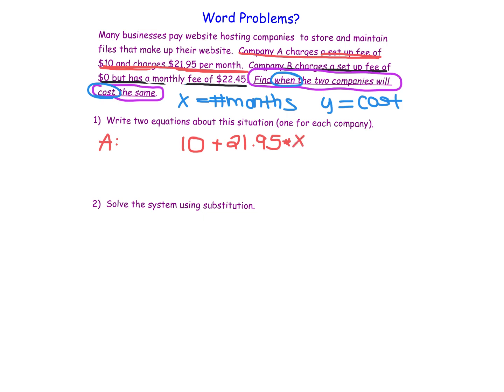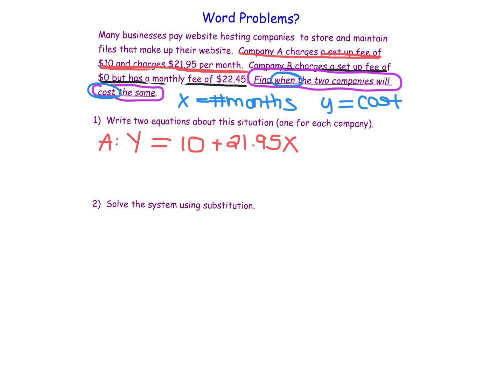So that's going to be 21.95 times X, or you can just write 21.95X. So that's how my cost is calculated. So here I have $10 plus 21.95 times the number of months, and that is going to equal my cost. So here I've written a cost equation for Company A. It's $10 as a flat fee plus $21.95 per month.